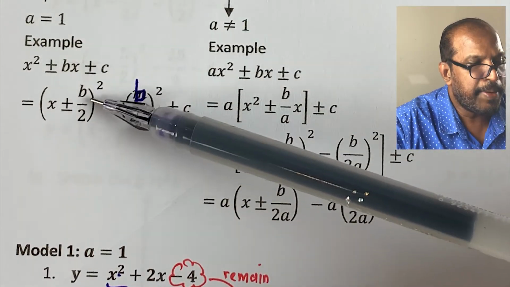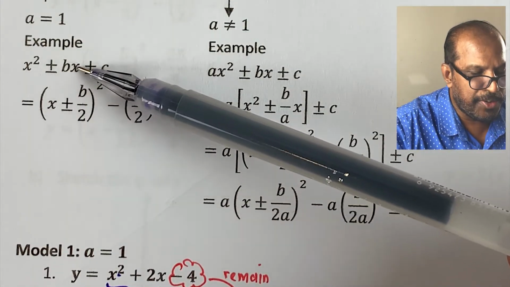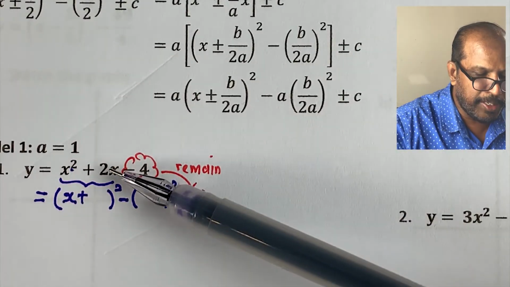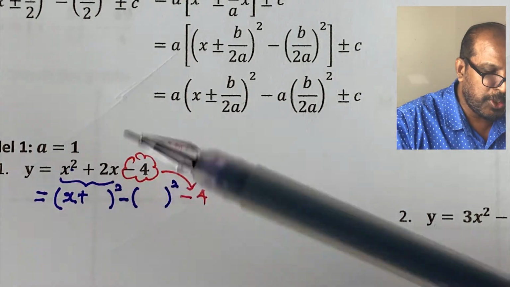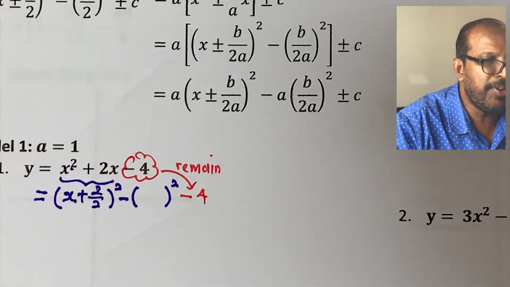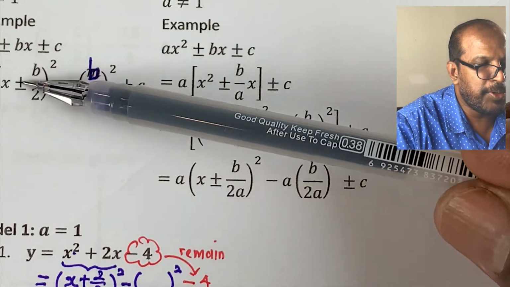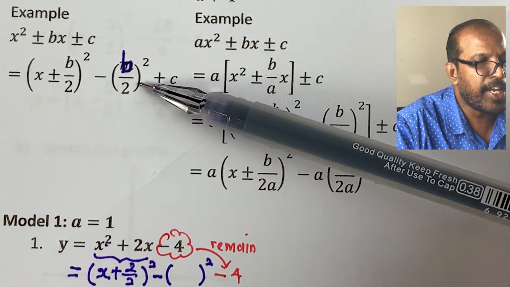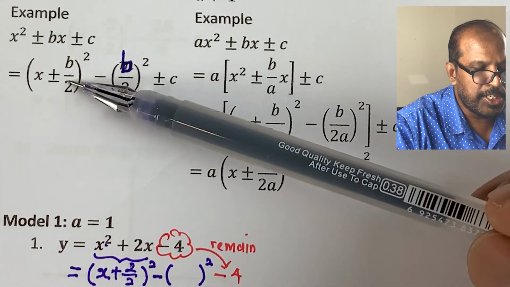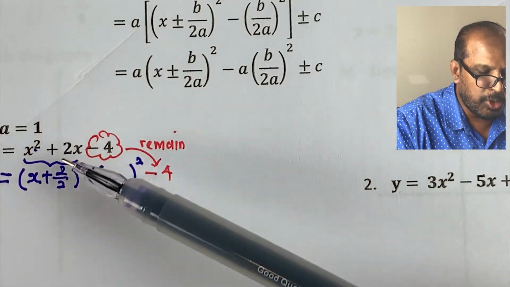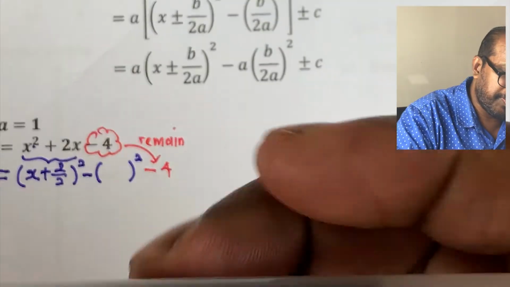Then here is b, but here is b over 2. Every time, the coefficient of x is divided by 2. What is the coefficient of x in this example? 2. So 2 divided by 2, and the same value goes in the second bracket.